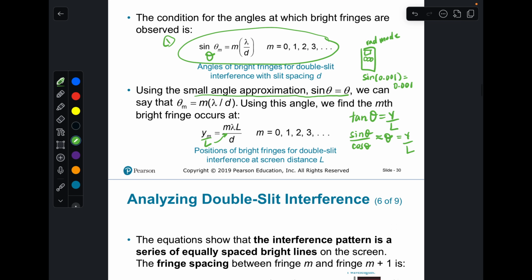And so these are the two equations you can use for double slit diffraction.